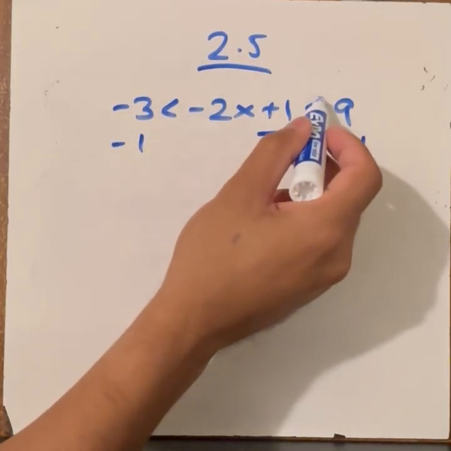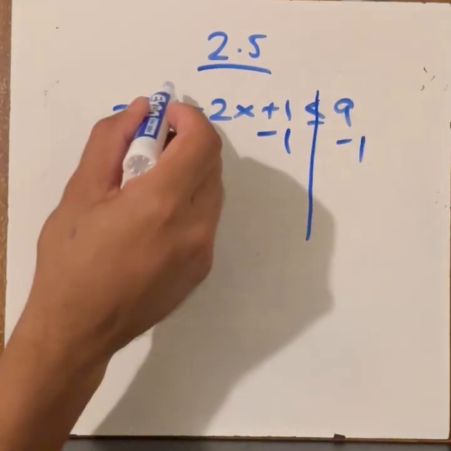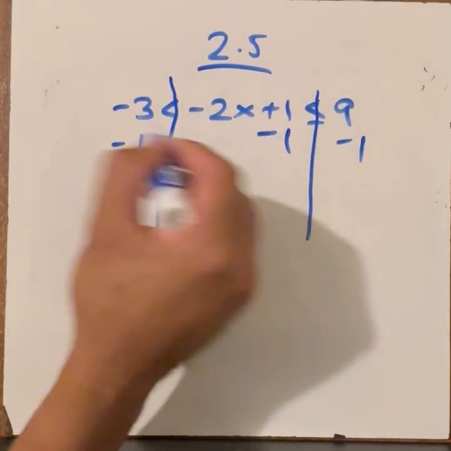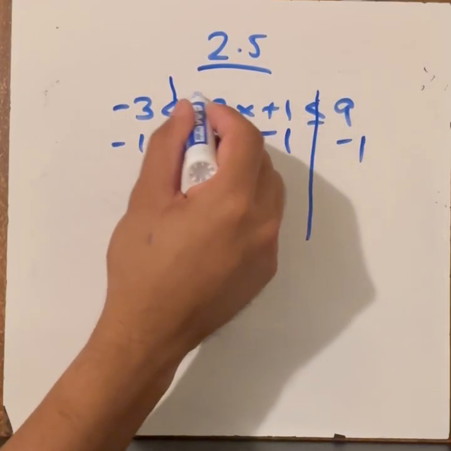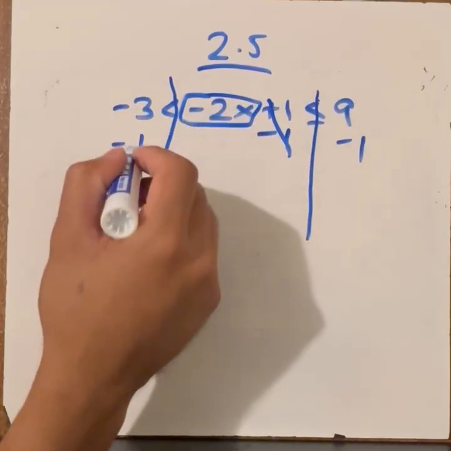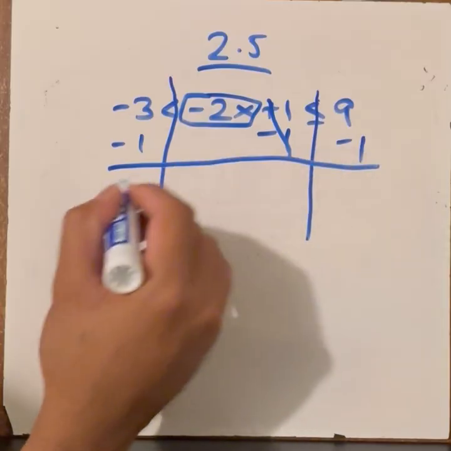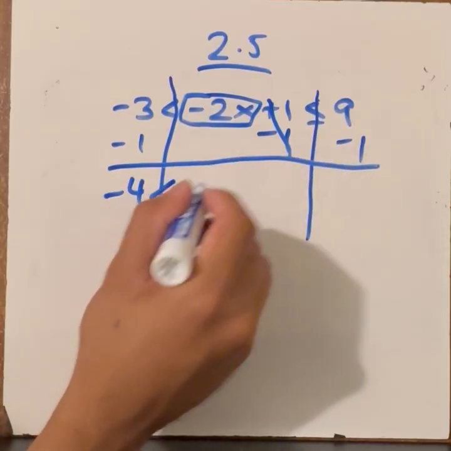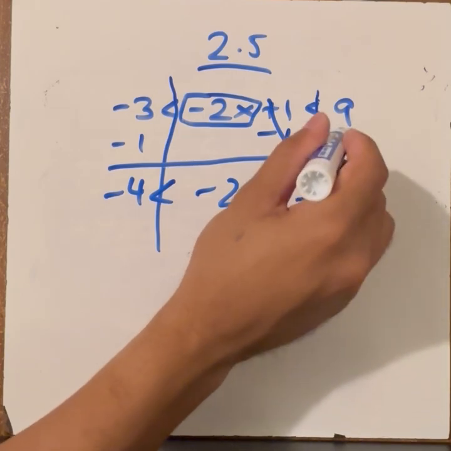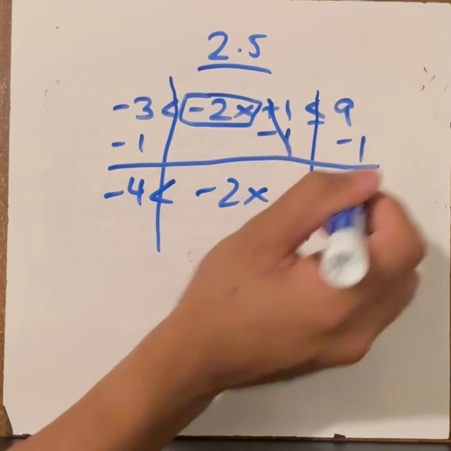So if we knew that we were going to do everything to all sides of the inequality, okay, that means subtract this 1 over here and subtract the 1 over here, because the negative 2x is protected for right now, okay? So negative 3 minus 1 is negative 4, less than negative 2x, less than or equal to 9 minus 1 is 8, okay?